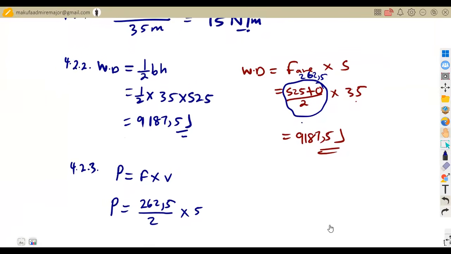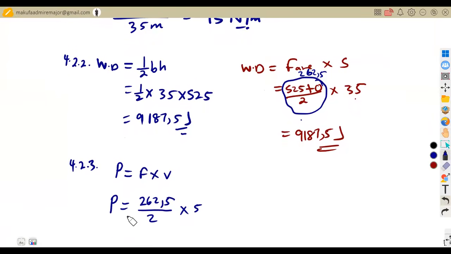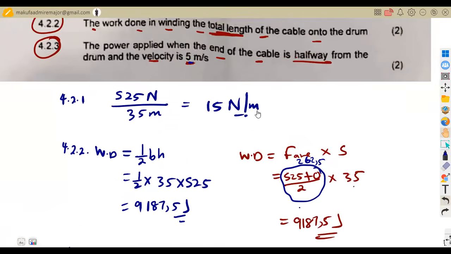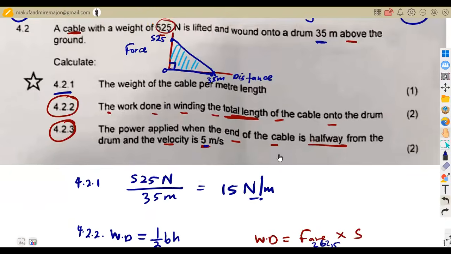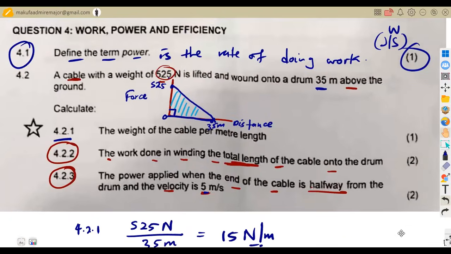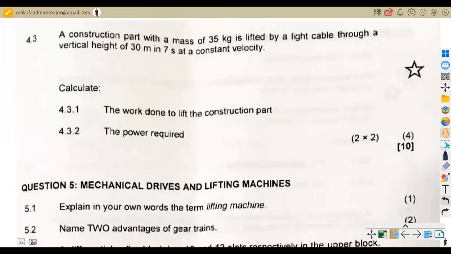So what are we going to obtain from this part? If you multiply, it's going to be something like 656.25, all right, which is measured in watts. All right, so let us just use our calculators and see what you're going to have at the end. So this is the first part of our question 4.12. Let's check 4.1 and 4.2.